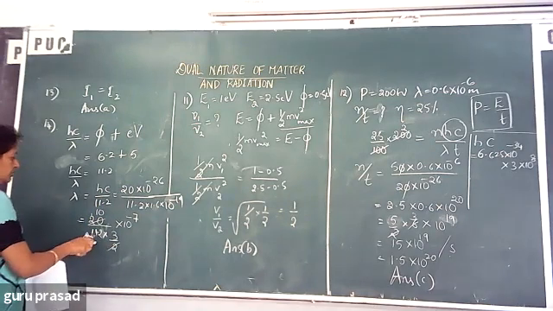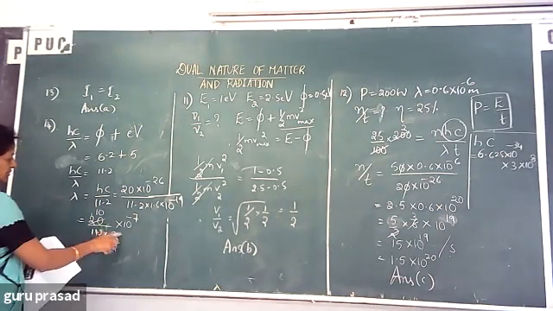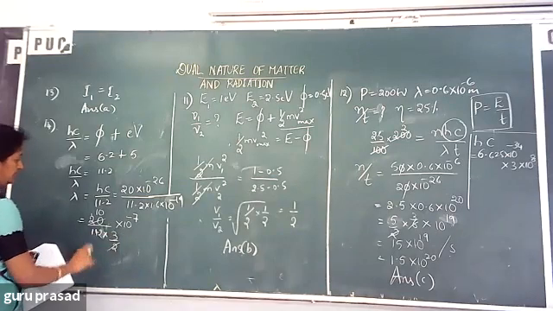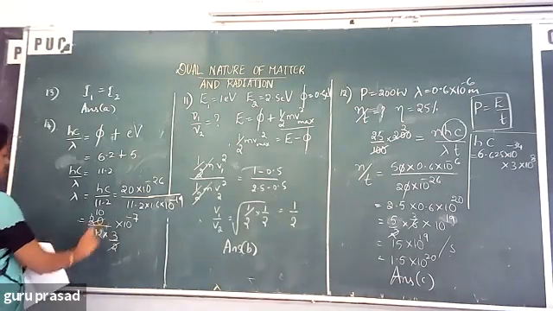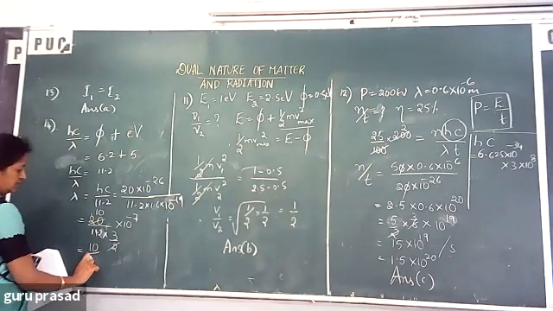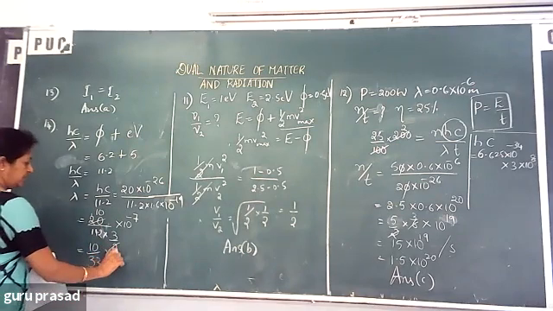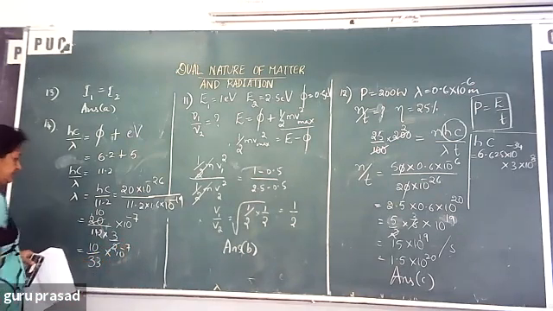Now 11 into 3 is 33. So it's like 33 into 10 power minus 7.